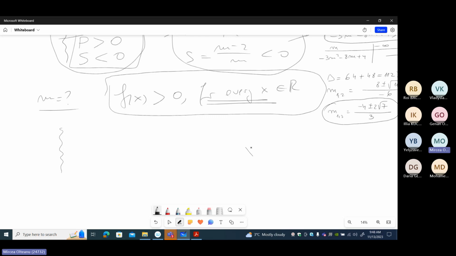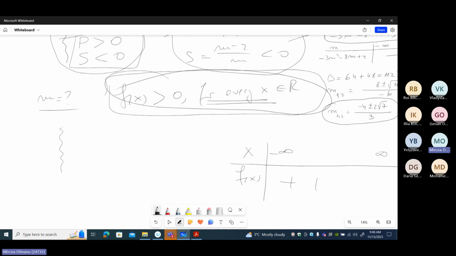So if we look to the sign of the quadratic function, we see that this is possible. Look, if we can imagine how the table of sign looks like. This request here means that we would like to have the following table of sign, this one. And you said very correctly that this happens, first of all, when delta is negative. I mean, only in the first case, when delta is negative, is it possible to have the same sign from minus infinity to infinity.